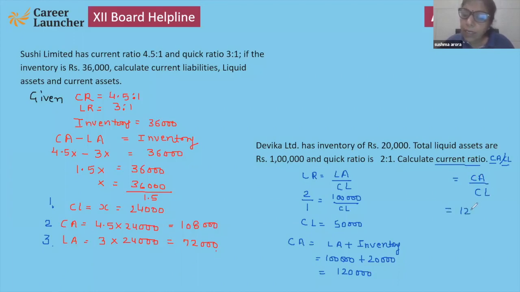CA given 1,20,000. CL given 50,000. What will be the answer? 2.4:1. That's why I can tell you this is a smart question, because they are asking to calculate current ratio, but first of all, for calculating current ratio, we have to calculate current liability and current asset. Then we can come to know the ratio.